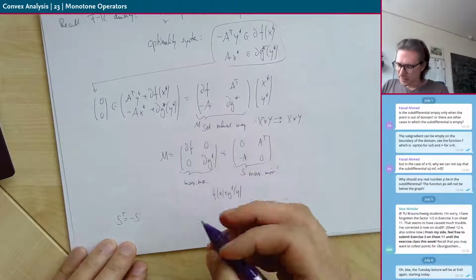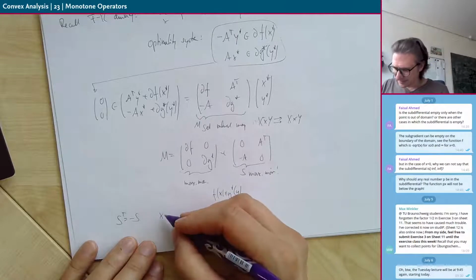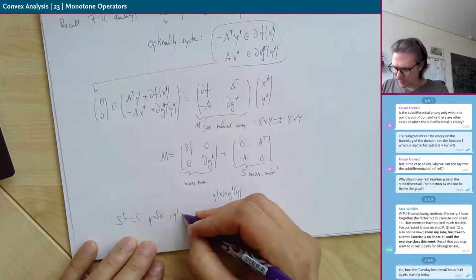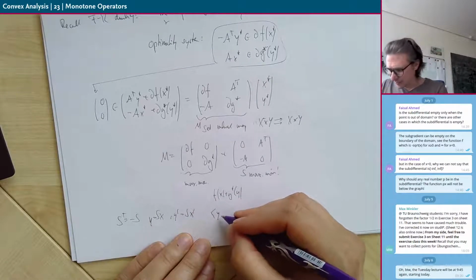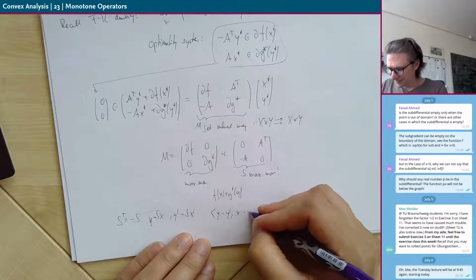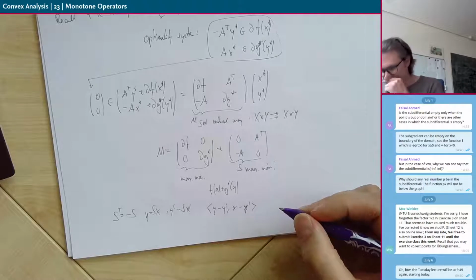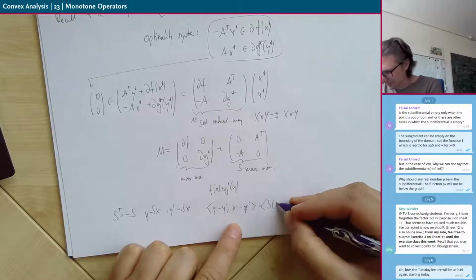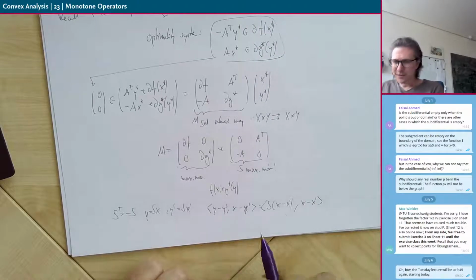Now consider y being S of x and y prime being S of x prime, and check what y minus y prime times x minus x prime is. On the left-hand side it's S of x minus x prime times x minus x prime, because of linearity.